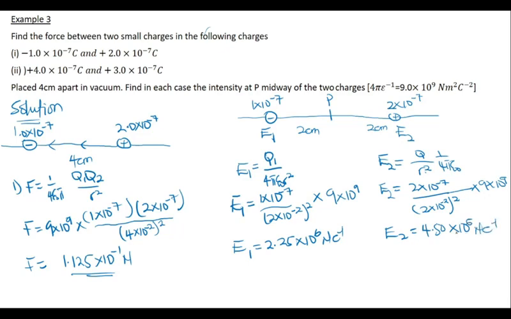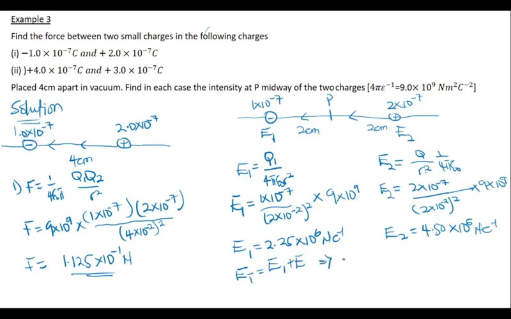Now, like I said, because of the electric field going on around here, the positive is attracting the negative towards it, and the direction is like this, so they are both going in the same direction, so it's constructive. Our total electric field intensity will be the sum of E1 plus E2.